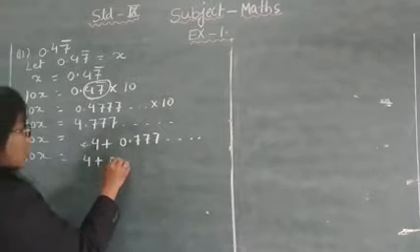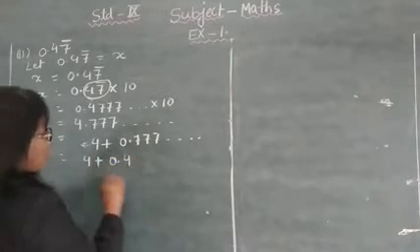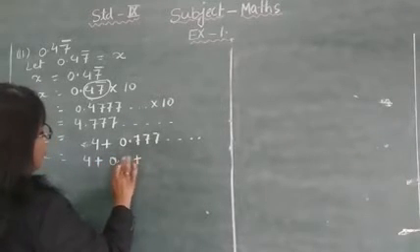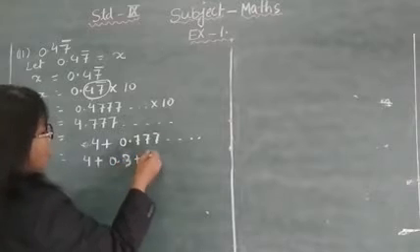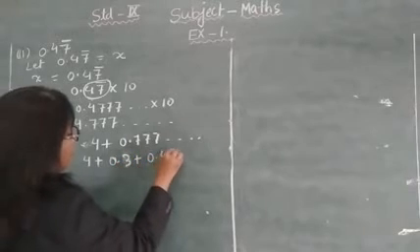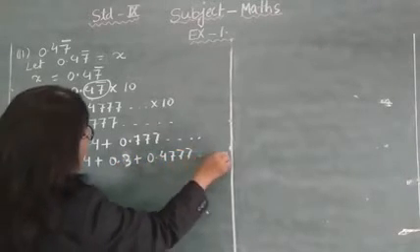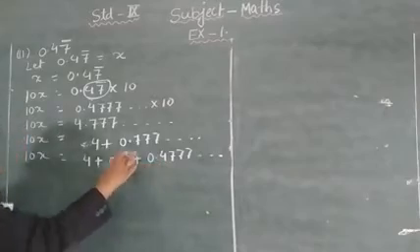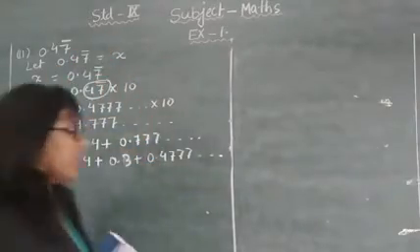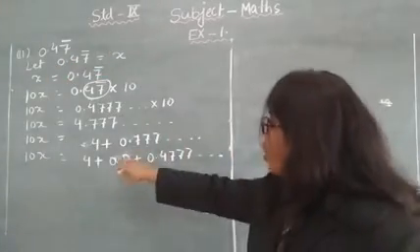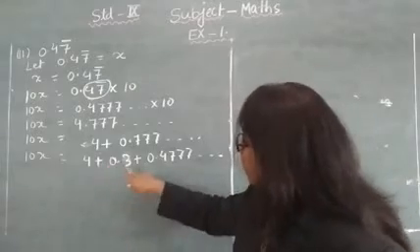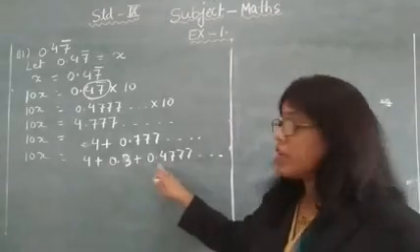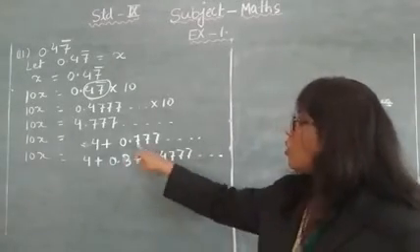In the next step, how can we write 4 plus 0.3 plus 0.4777, like this. So 4 plus 3 is 7, and then 7, 7, 7 it goes on. See, this 3 and 4 is equal to 7. So 0.3 plus 0.4 is 0.7.